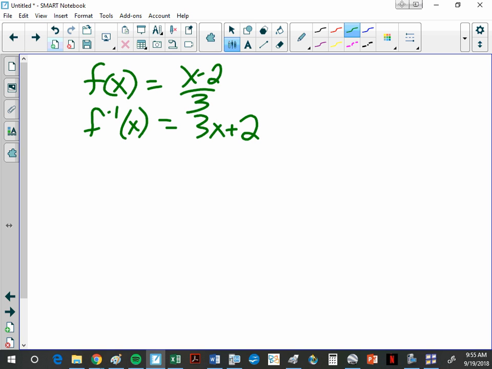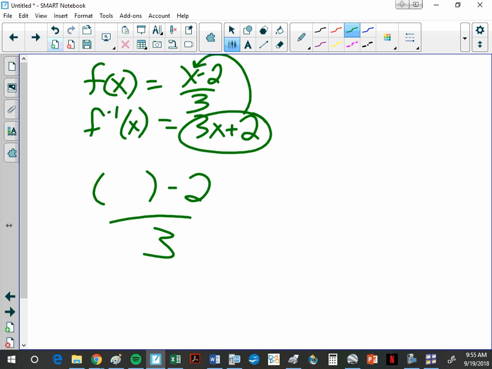And it says verify that f inverse of f is x. And then the other way, I just do one of them. It doesn't matter which one it is. So let's say I plug this in here. So it used to be x minus 2 over 3. And I'm going to put 3x plus 2 in there. And 2 minus 2 is 0. And I get 3x over 3, which is x.